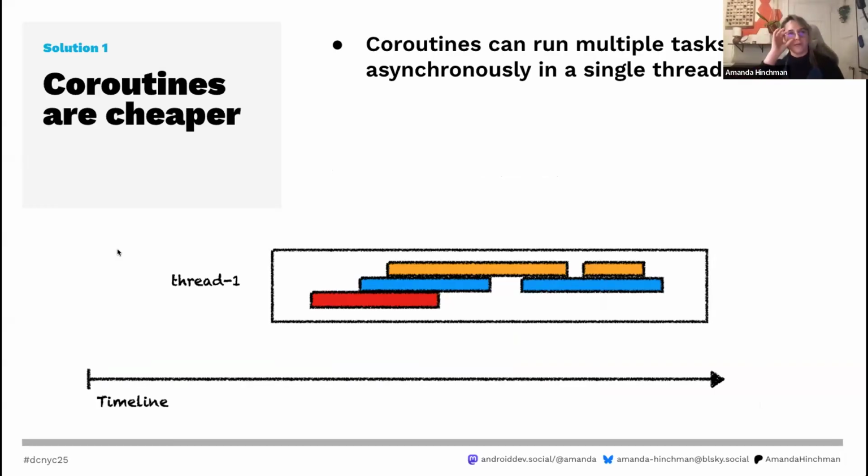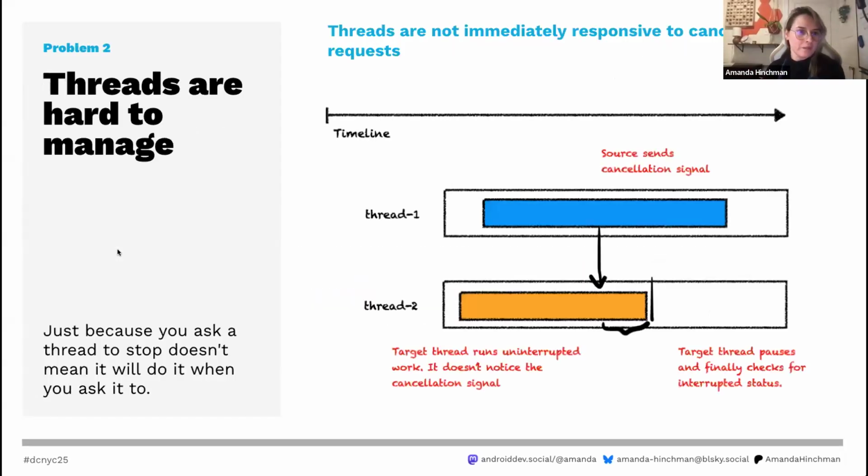It's also possible to start work on a thread and resume work on another thread, so it can jump around a little bit. But these are details you don't have to worry about. The most important thing to take away is that we should favor coroutines because we can do a lot more with a lot fewer resources.